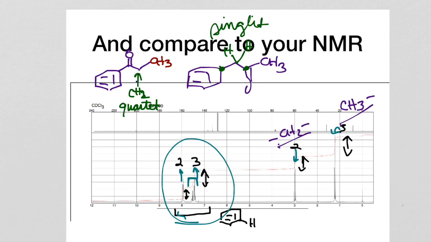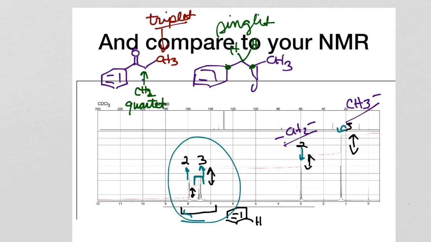If we apply the same logic to our CH3, I expect this CH3 group to be a triplet. N equals 2, N plus 1 equals 3. This would be a triplet. If it's this molecule, though, I expect this CH3 to be a singlet.